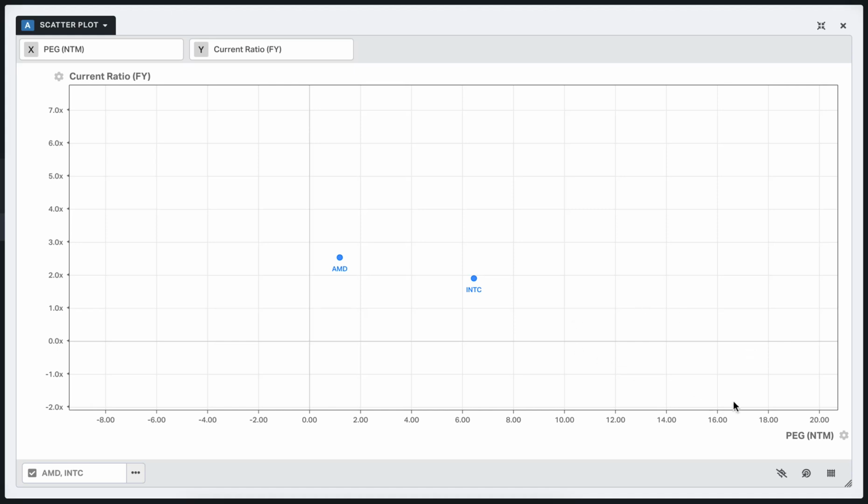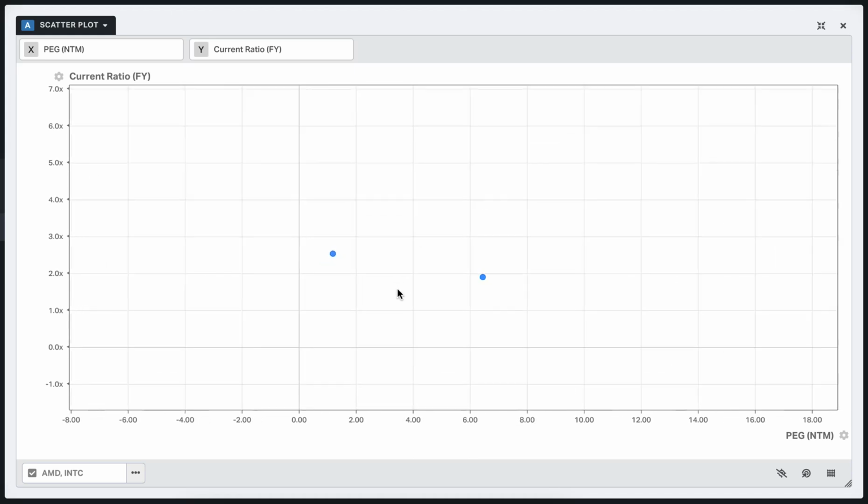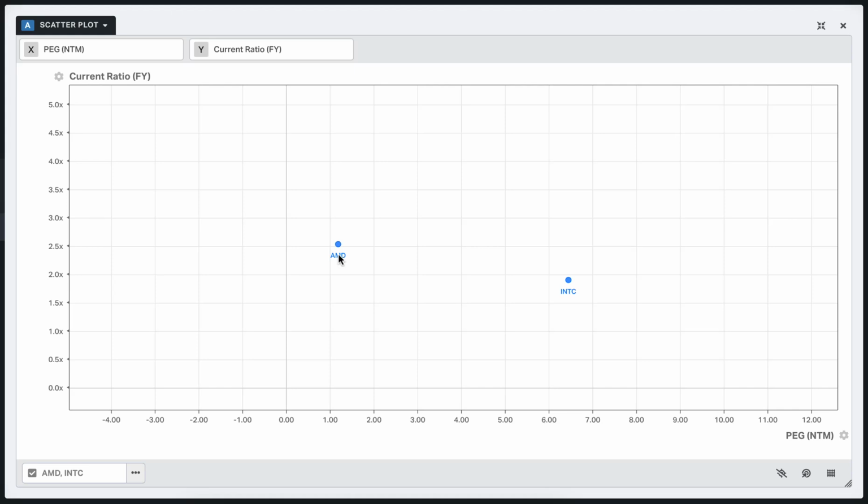Now, the price to earnings growth ratio is ideally less than 1, and so the higher it is, the worse it is for a company in terms of growth potentially. So over here, AMD is actually lower, a little bit more than 1 but close to that. And Intel is much, much higher, more than 6.